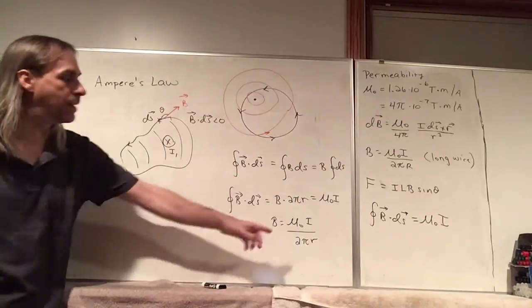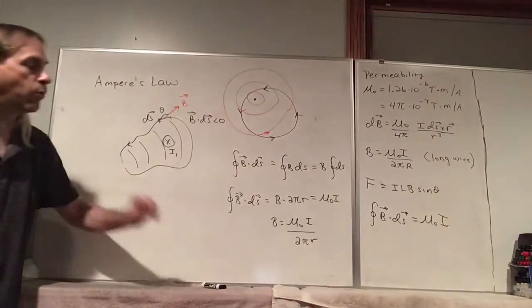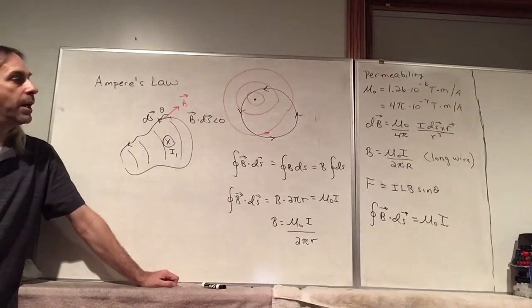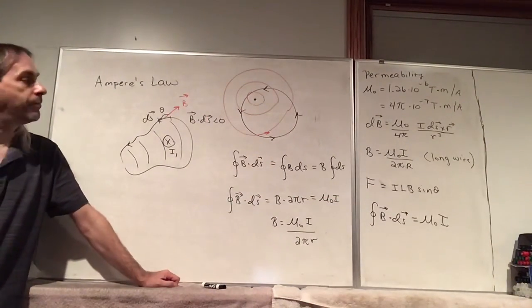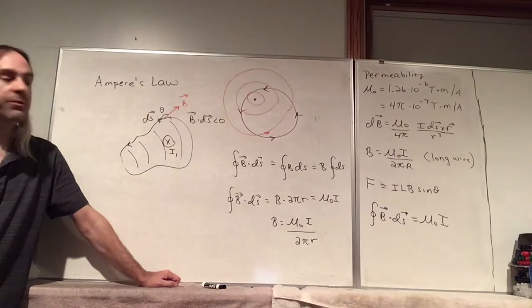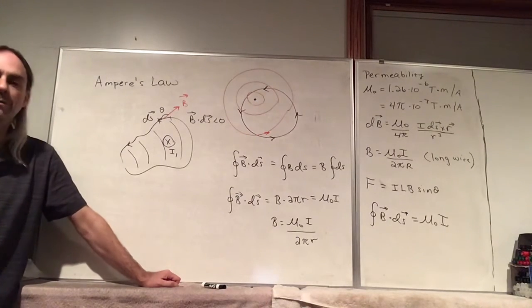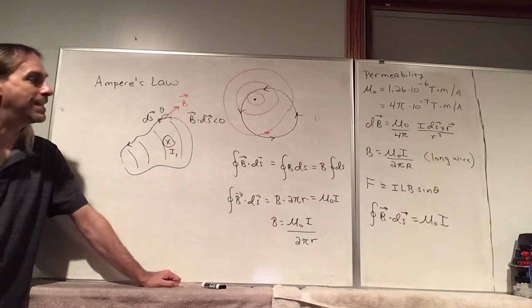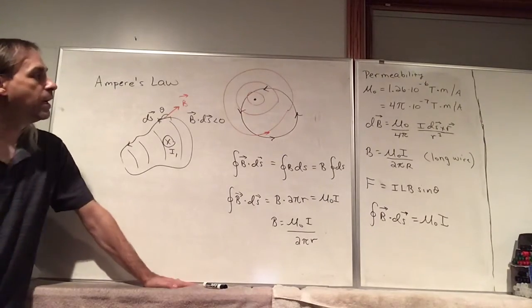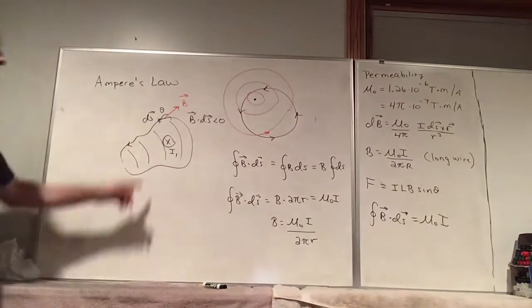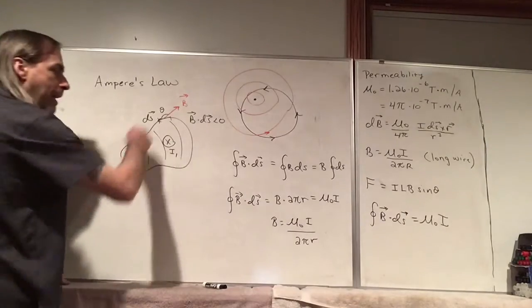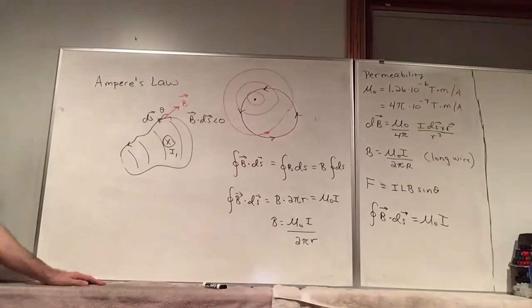If you did do that integral, you would find that it's equal to mu naught I. And so it's kind of like Gauss's law in that sense. Ampere's law is a very profound result. It's not something obvious at all. And again, you can imagine changing the shape of your wire, still the same thing. But let's go back.